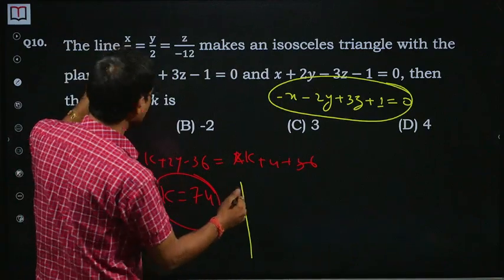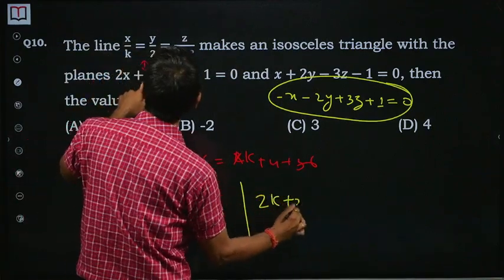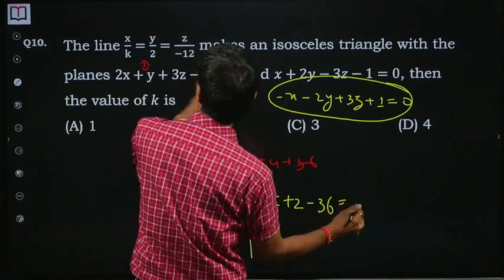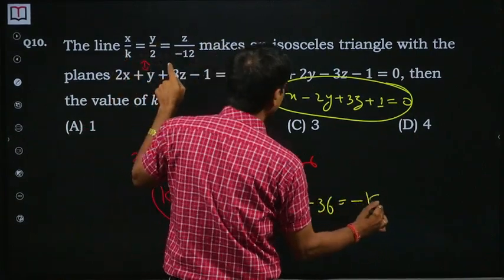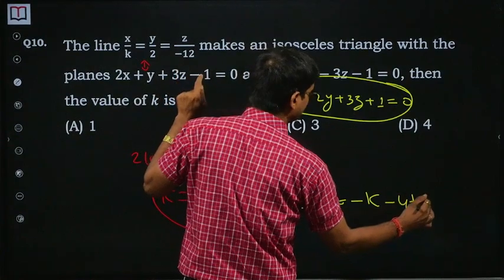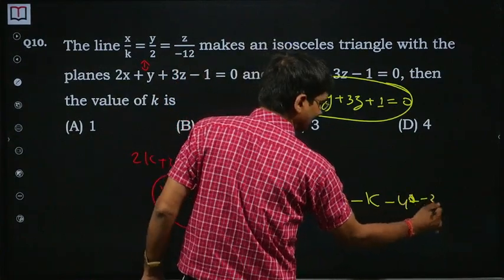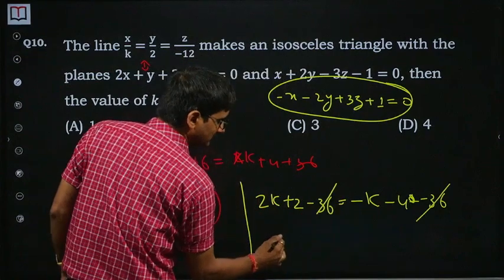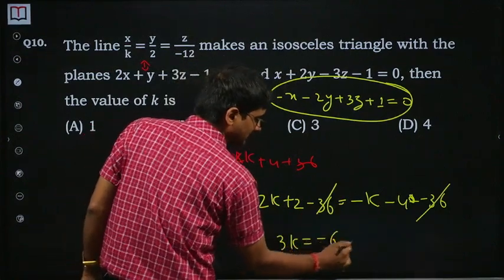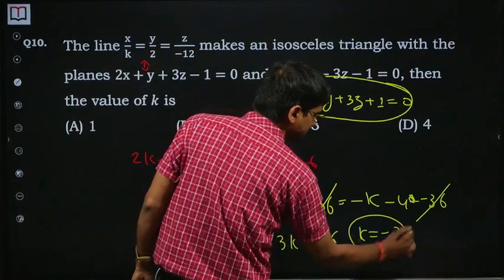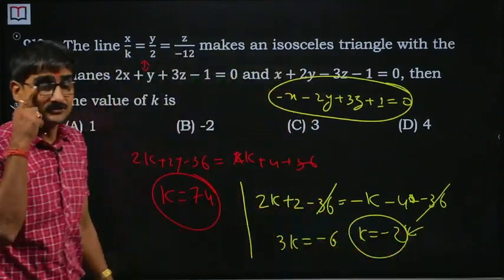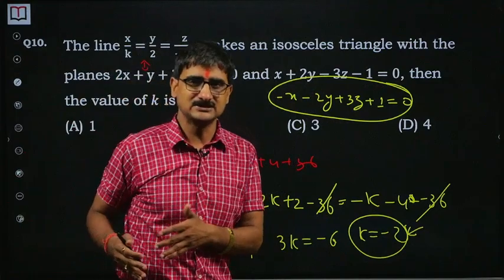So here it is 2k plus 2 minus 36. Now if you take A1, A2, minus k minus 4 minus 36, 36 gone, so 3k is equal to minus 6 and k is equal to minus 2, and that's it. So cos theta and cos pi minus theta is the idea.